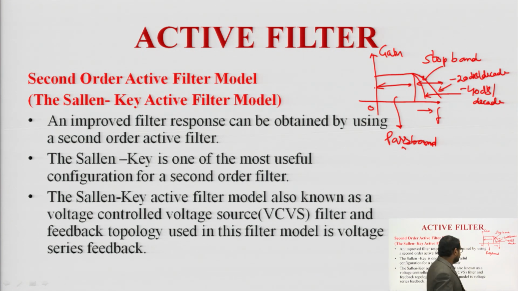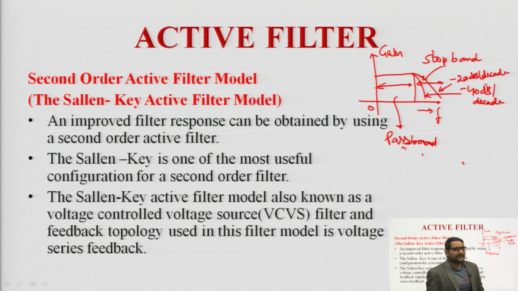So, an improved filter response can be obtained by using the second order filter. Improved means we see easily in the picture, minus 20 dB per decade and minus 40 dB per decade, which is nearer to ideal.